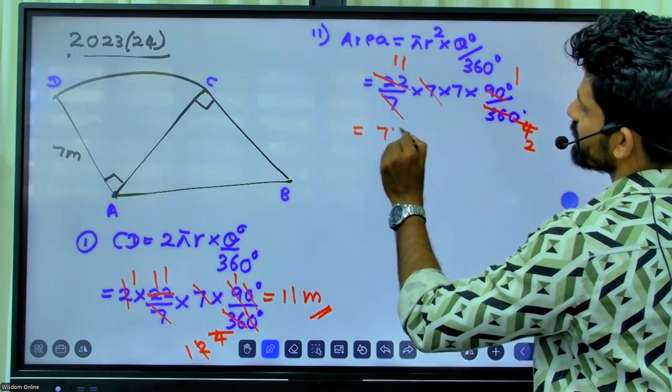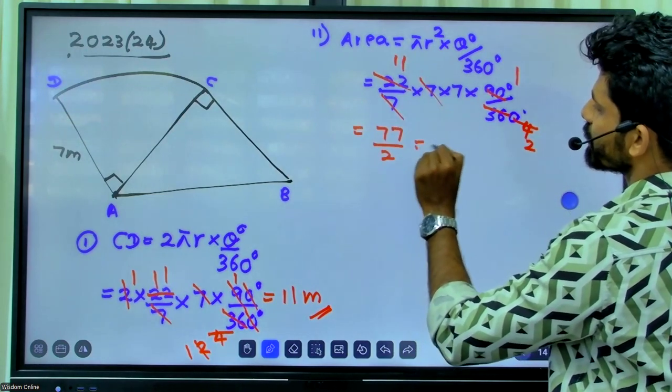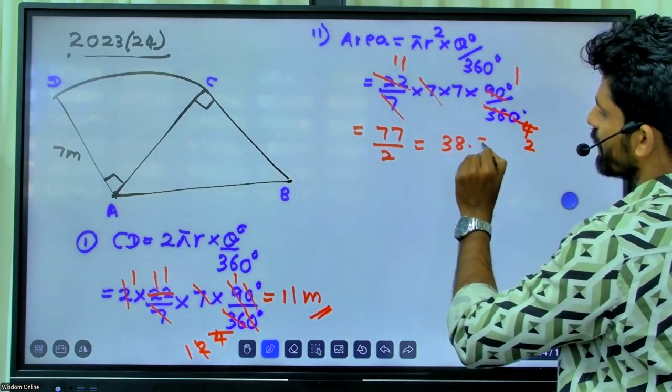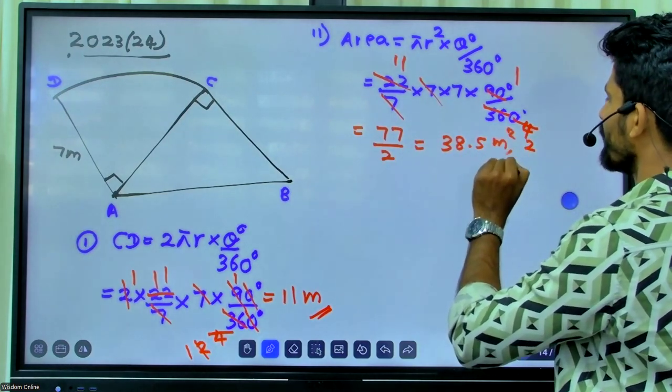So that means 77 divided by 2, 38.5 square meters.